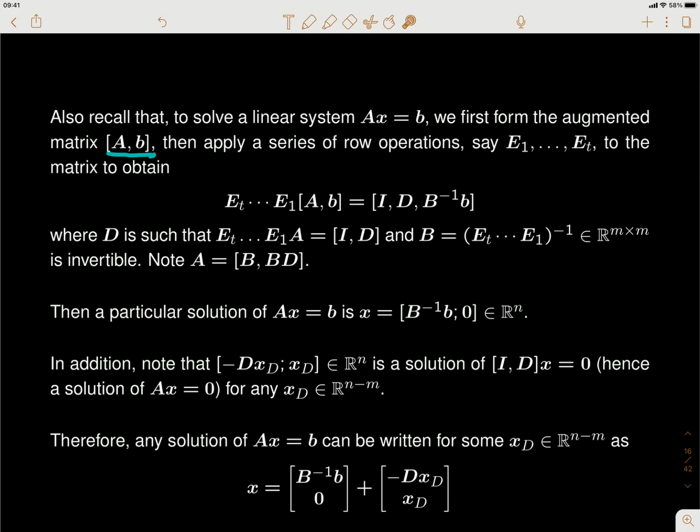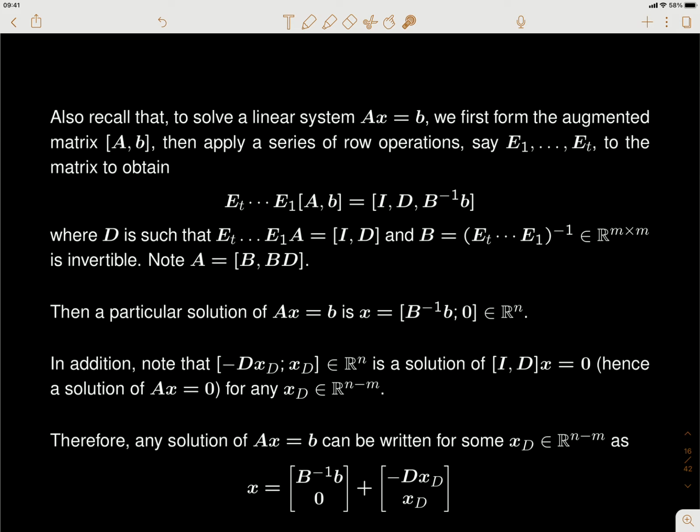The first n columns are just the original A. The last column is the B, right? This is called the augmented matrix. Then we can apply a series of row operations to make the first m columns an identity matrix, and then the last column will become the solution of the system.